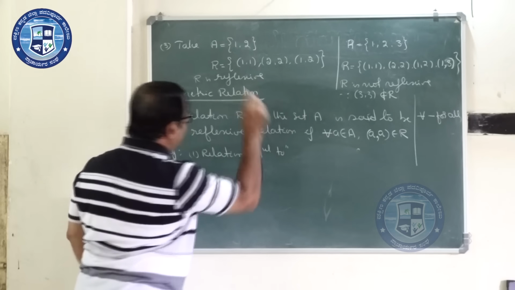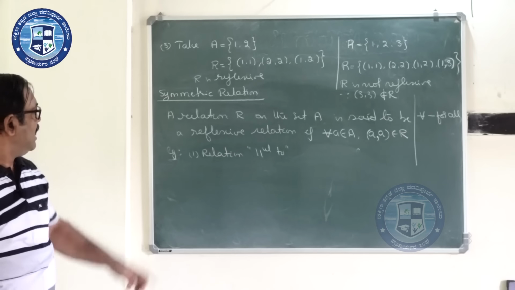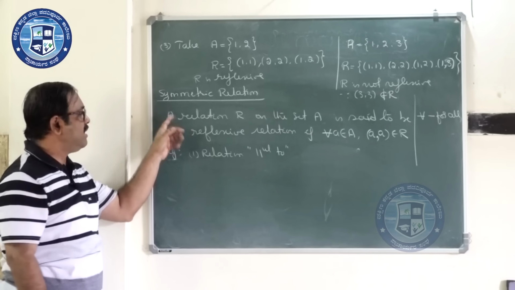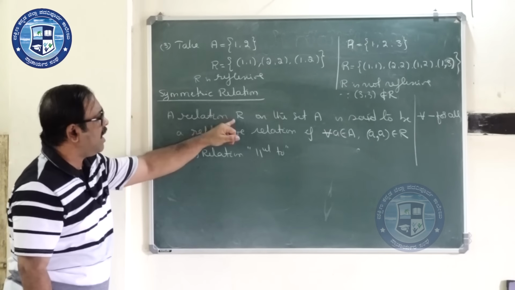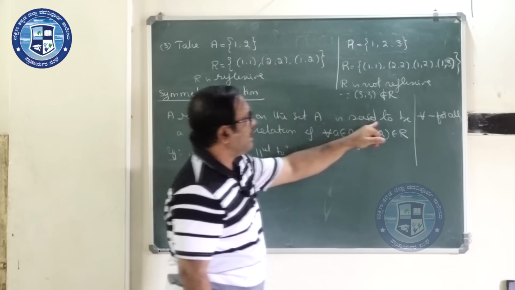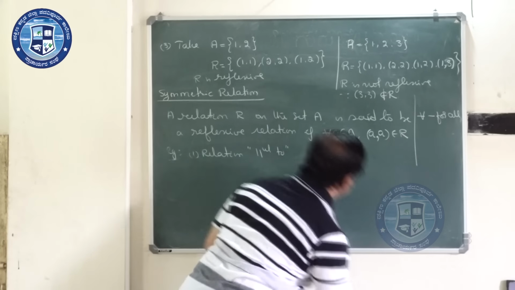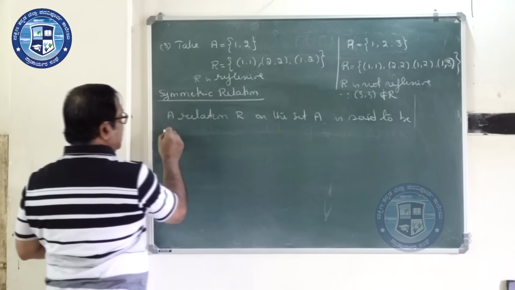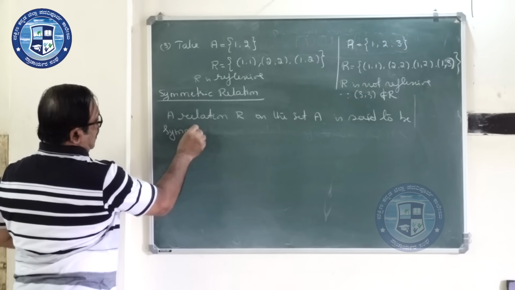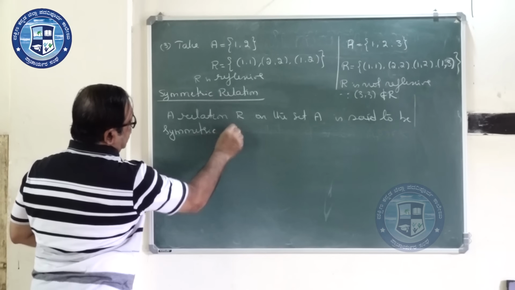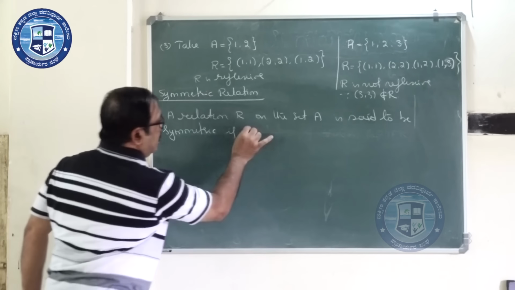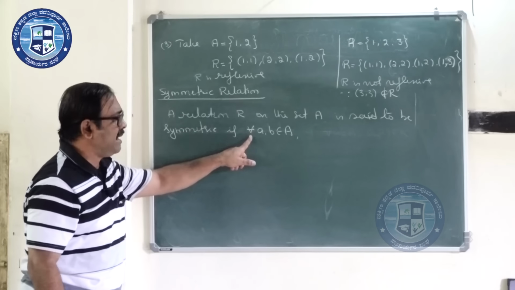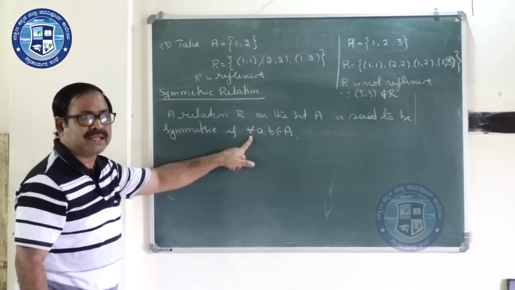So what do you mean by symmetric relation? Again, first I will give you the definition. Definition is important. So a relation R on the set A is said to be symmetric if for all a, b belonging to A, I said already, this symbol represents for all.